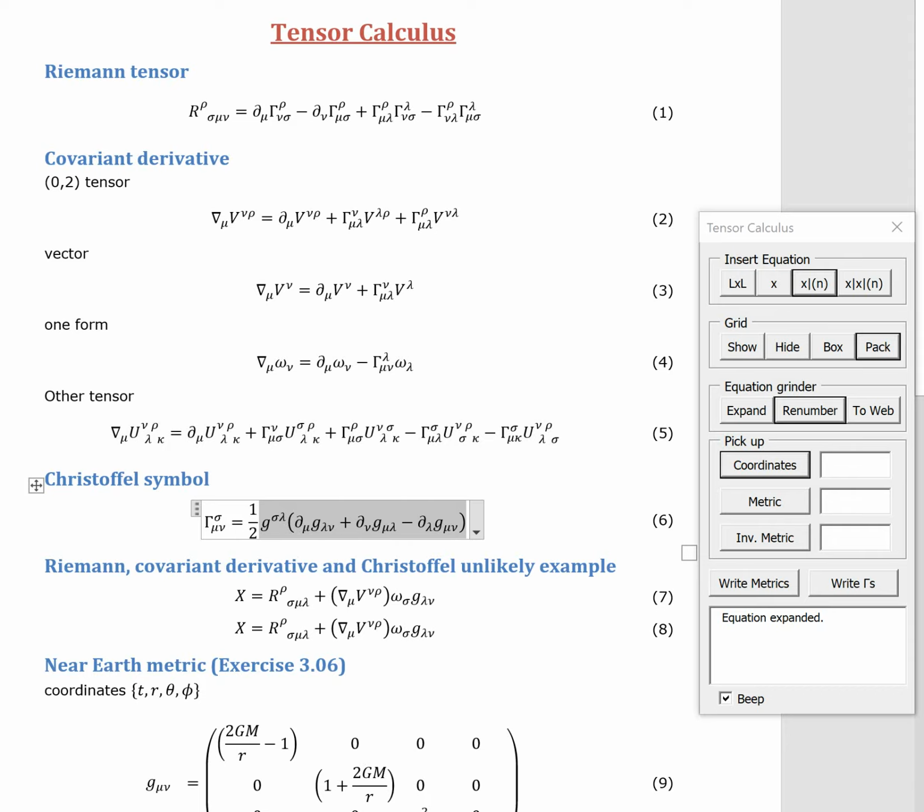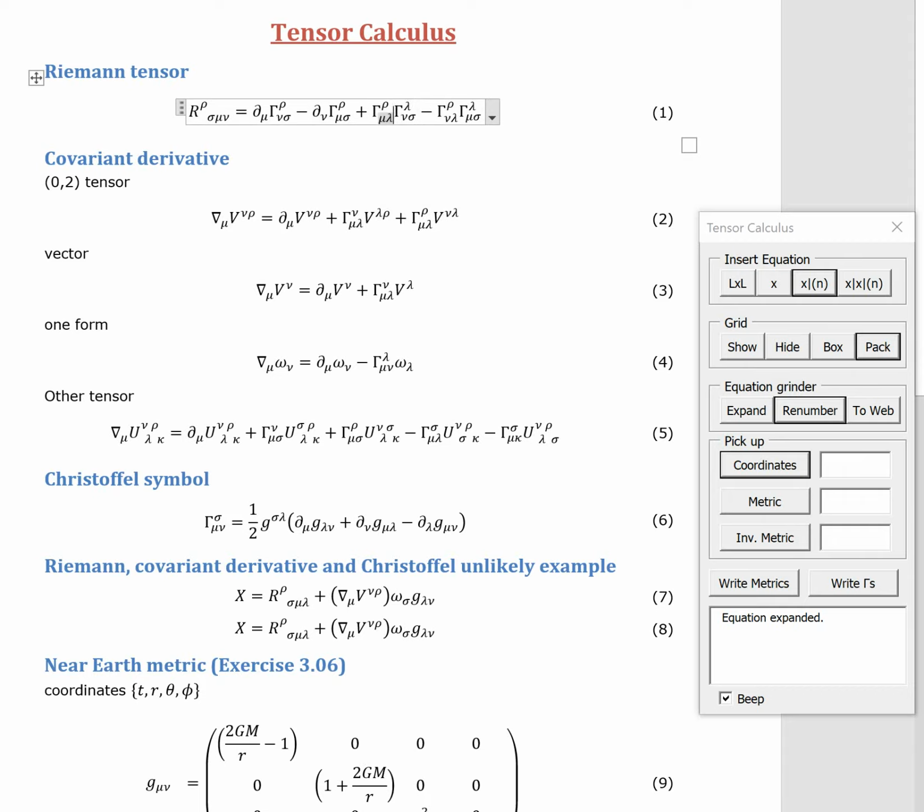And as you can see, the covariant derivative expands into bits which have Christoffel symbols in it, as does the Riemann tensor, and even the last two terms have two Christoffel symbols which are contracted together.